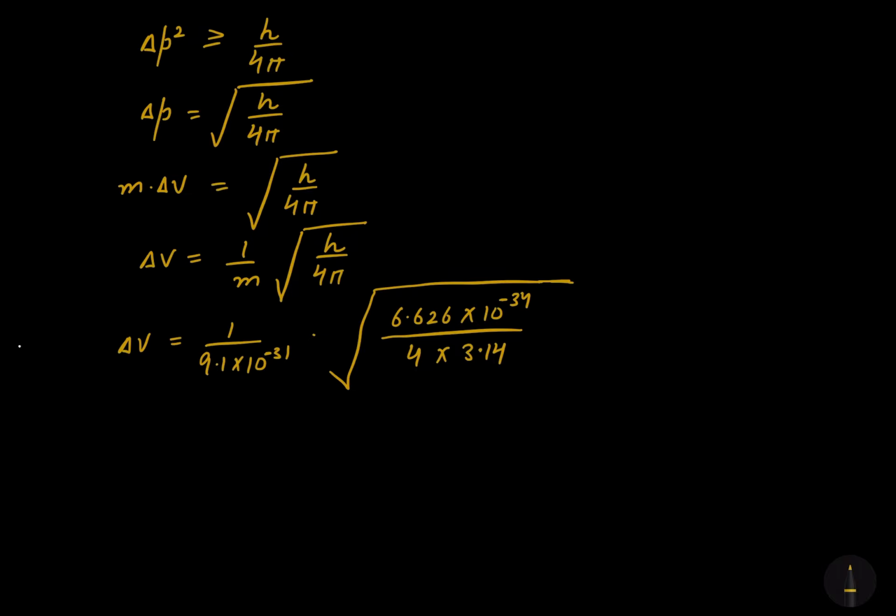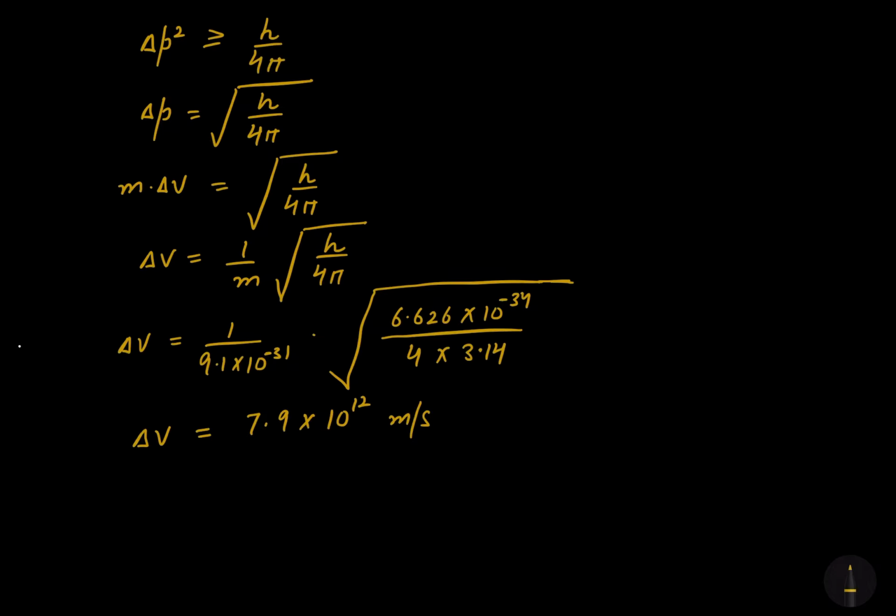So this value, the uncertainty in the velocity, comes out to be 7.9 into 10 raised to the power 12 meters per second. So that's the uncertainty in the velocity.